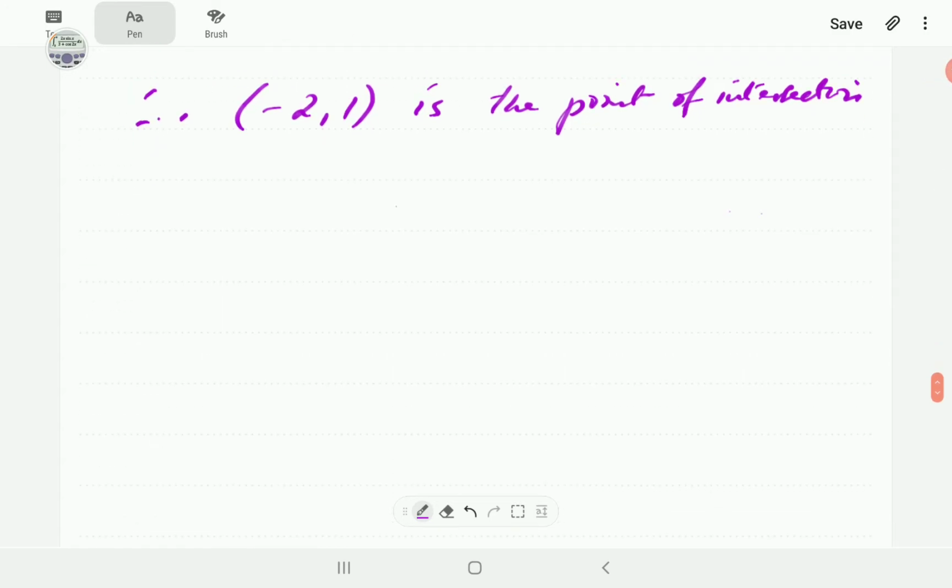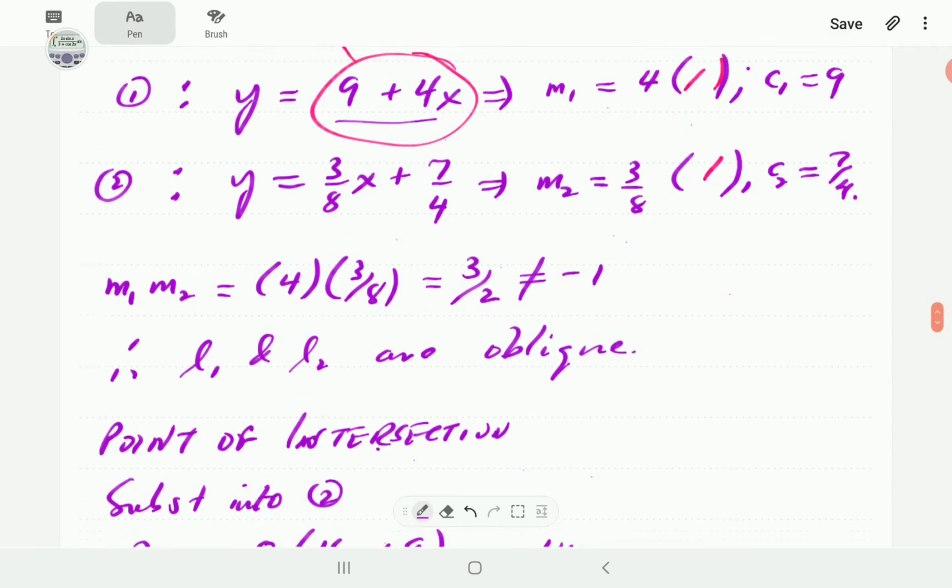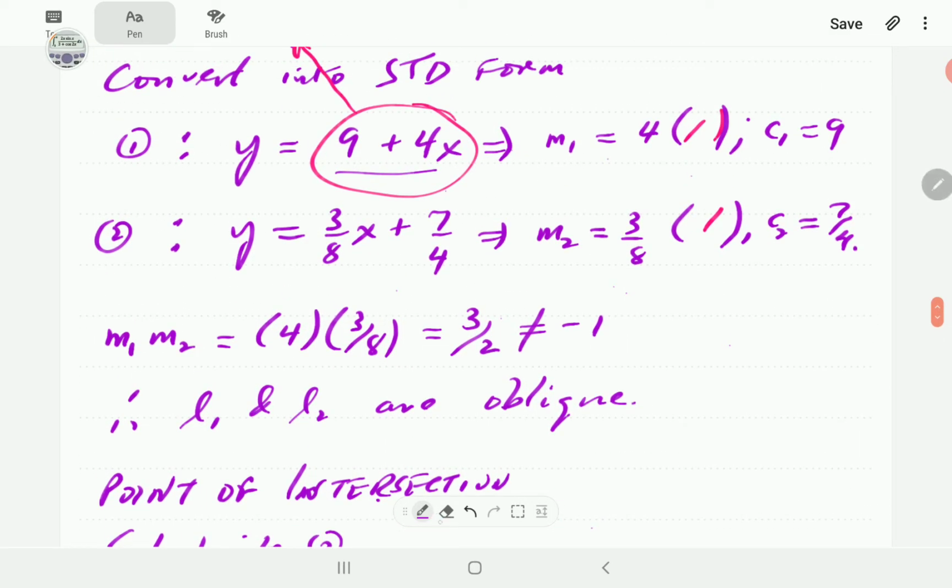For the angle of intersection, we need to make a sketch. For the sketch, the C and the M values are going to help us. So let's start with this one. For instance, this is upsloping.